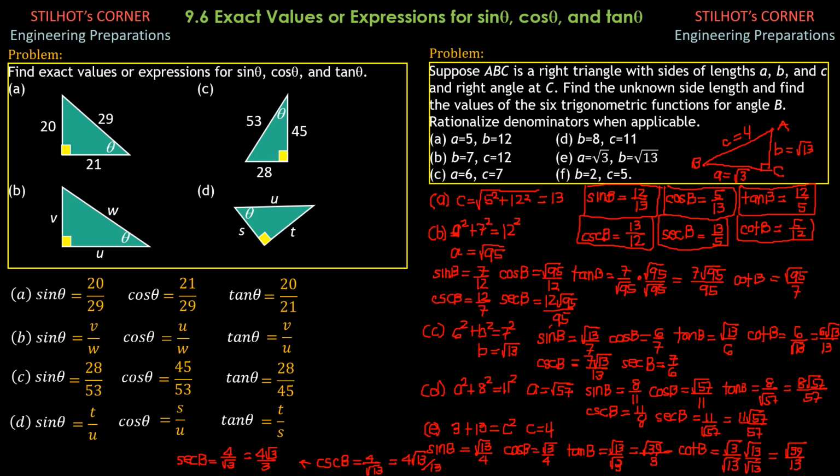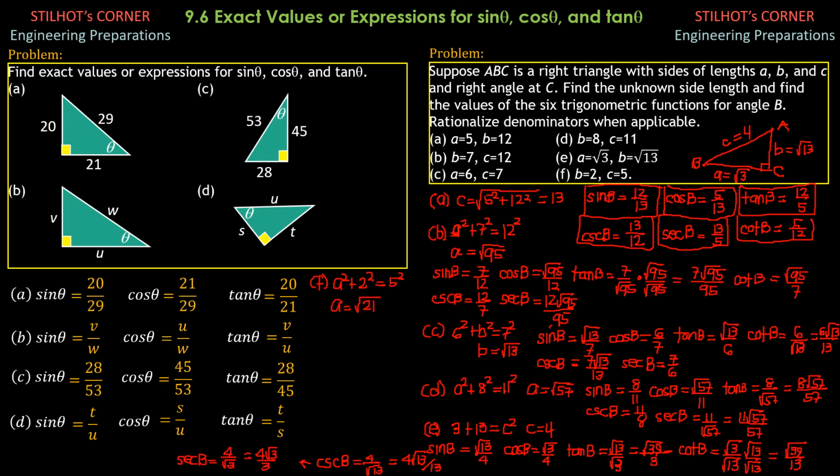Then lastly, letter F, I'll just put it here. A is unknown, so A square plus B square, B is 2, equals C square, C is 5. So A is equal to square root of 25 minus 4, square root of 21.